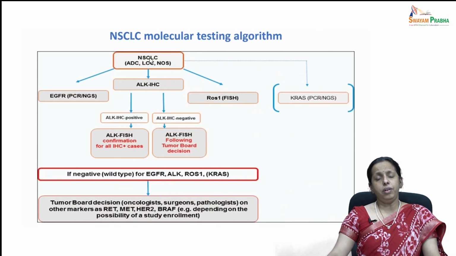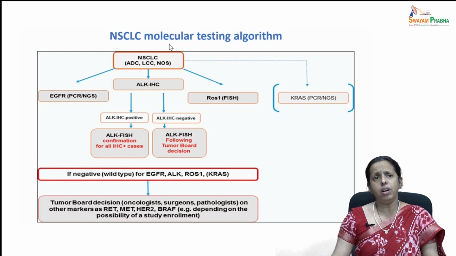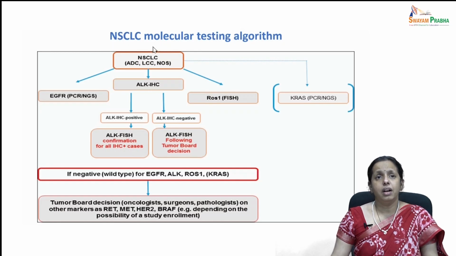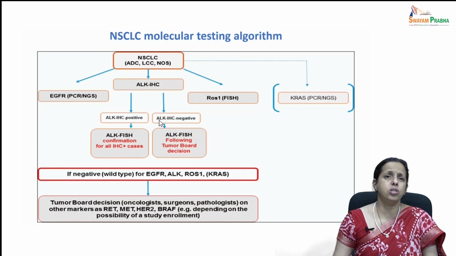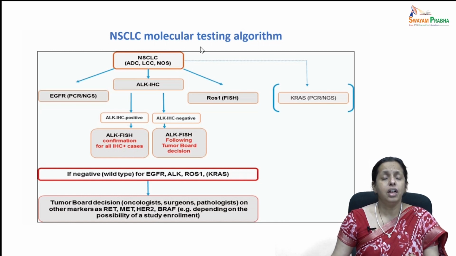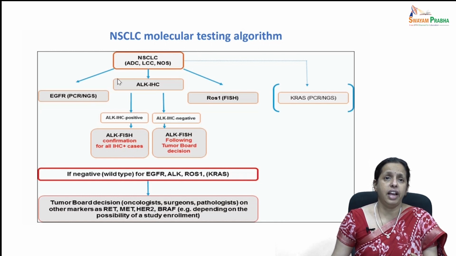Similarly, you have your algorithm for non-squamous cell lung cancer molecular testing. In our institute, it is a very well established molecular testing. We adopt qPCR and NGS as well.